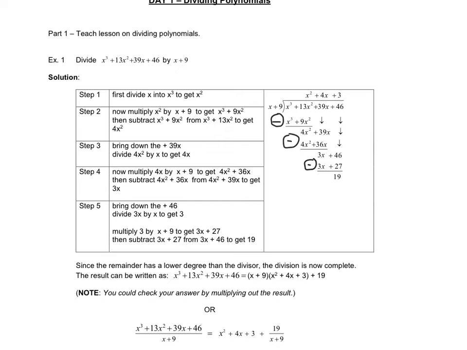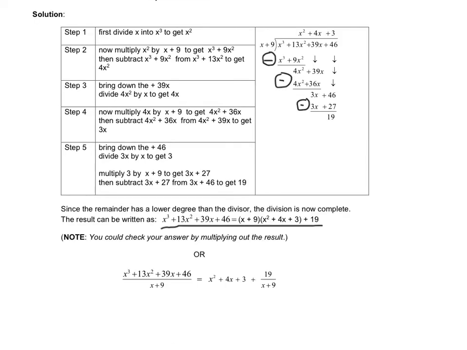Now, like I said before, this is how I like to write my final answer right here. But there is another option. You do have the option of the original question, which would be x cubed plus 13x squared plus 39x plus 46 divided by x plus 9.